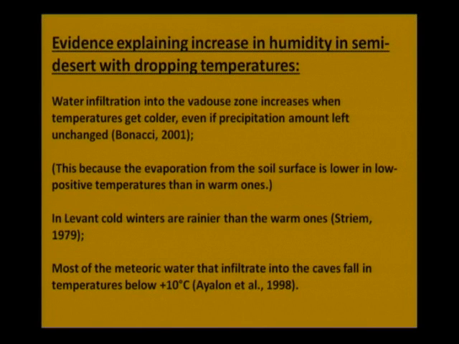When temperatures start to rise to 10 or 12 degrees, you remain with half of the amount. And in the summer, when you have maybe 20 or 25 degrees, you remain with 15 to 20% of the amount, even though the amounts of precipitation in this area are equal in summer and in winter.